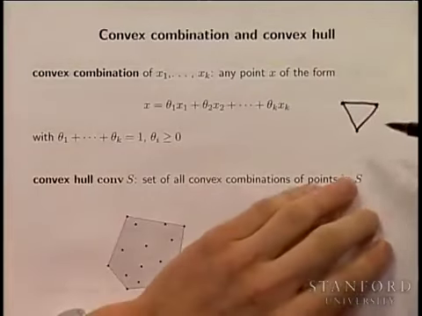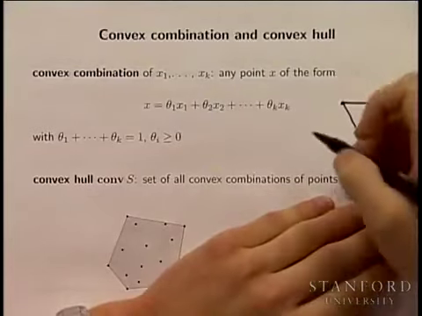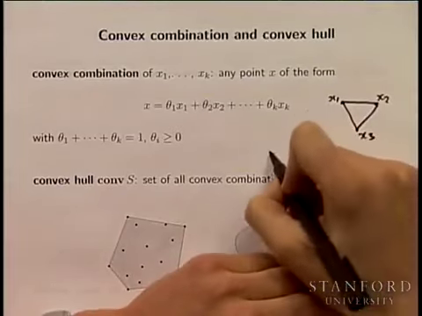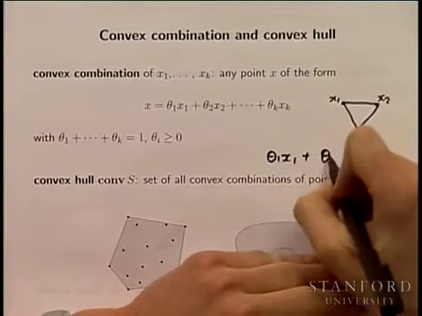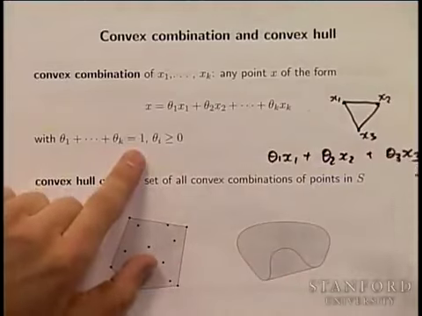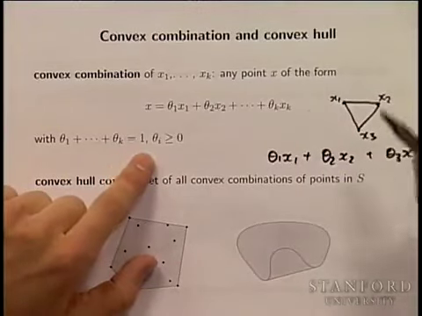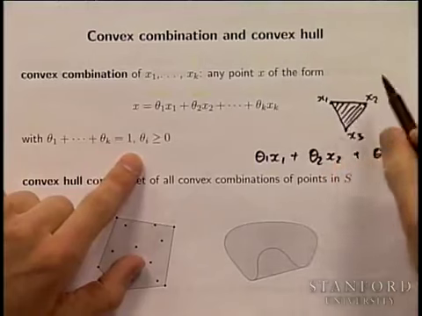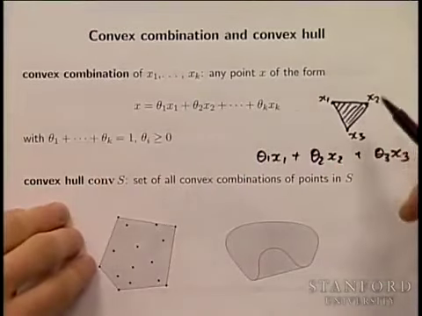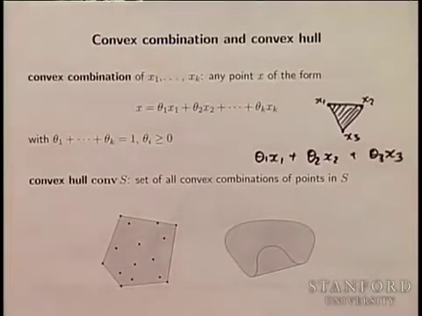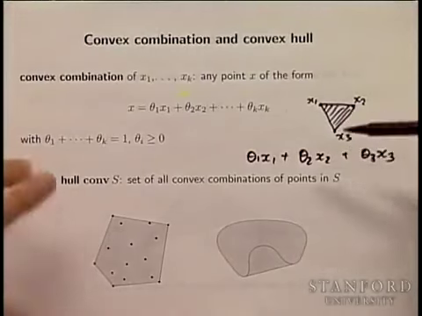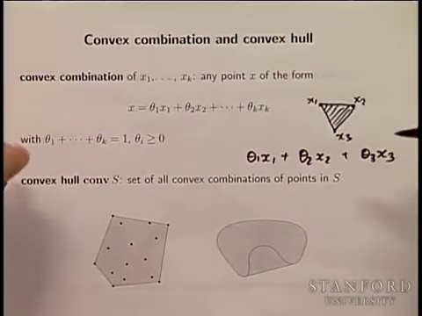If you do the math, you'll find that as you vary, let's make these x1, x2, and x3, theta 1, theta 2 and theta 3, always keeping them non-negative, and varying them so that they sum to 1, the set of points that this sum traces out is called the convex hull of this set. Okay, so we can take any set of points, or just a set, and we can form the convex hull by finding all of the convex combinations of points within that set.